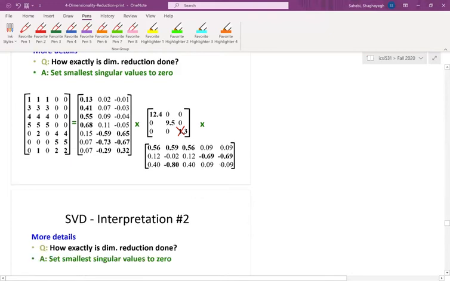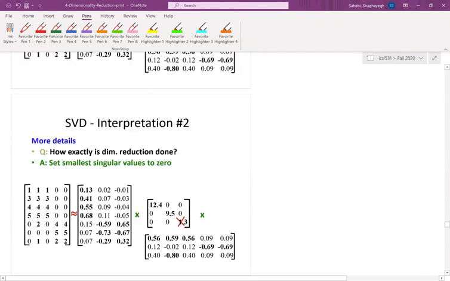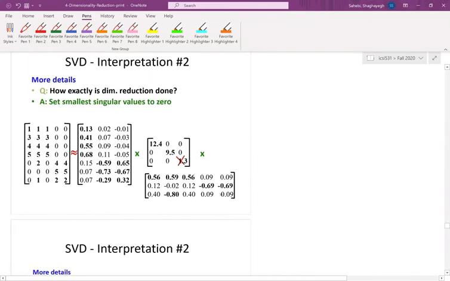Okay, so I remove this singular value here, and if I set this one to 0, then I can say that my original matrix is not equal to these multiplications anymore. It is estimated by these multiplications, right? Because we are losing some information here by setting 1.3 to 0.